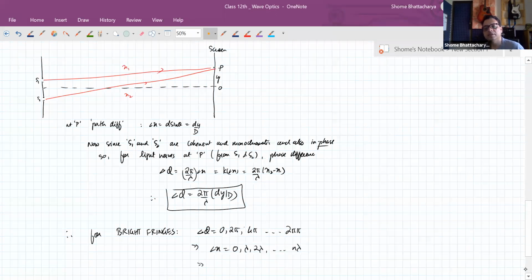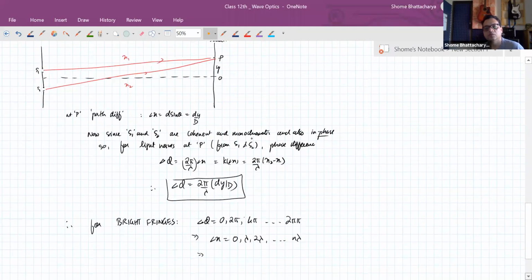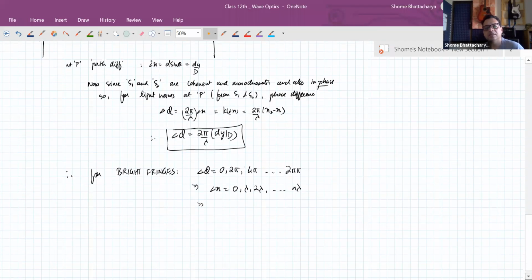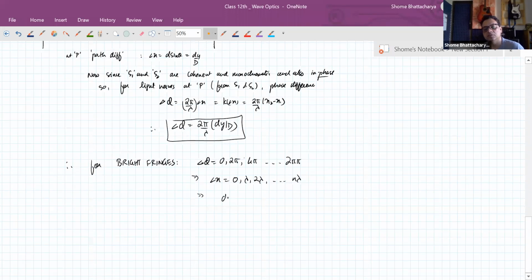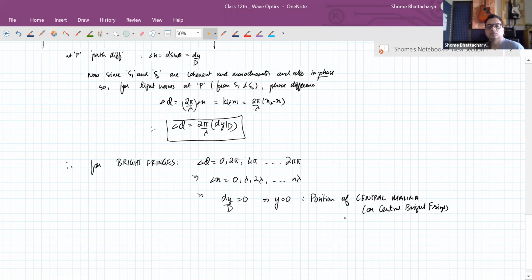So correspondingly we will get this formula now. We will replace path difference delta x with dy by D. So dy by D equals 0 implies y equals 0. This is the position of the central maxima, or what we call the central bright fringe, for which the phase difference is 0.